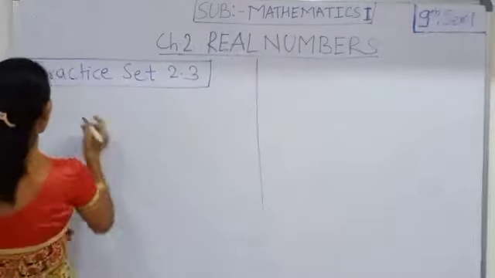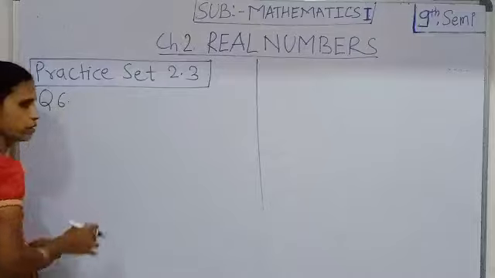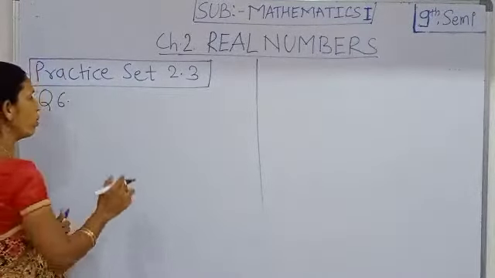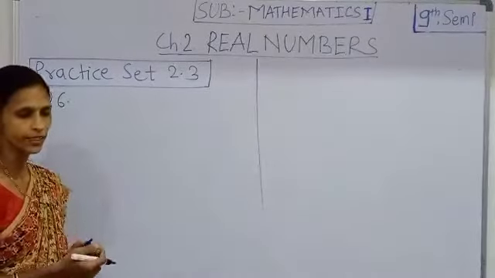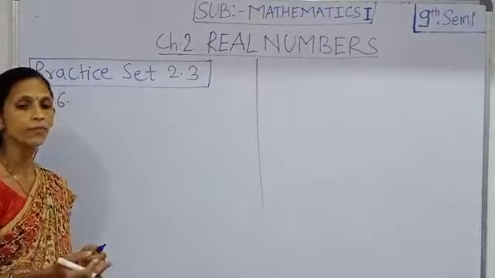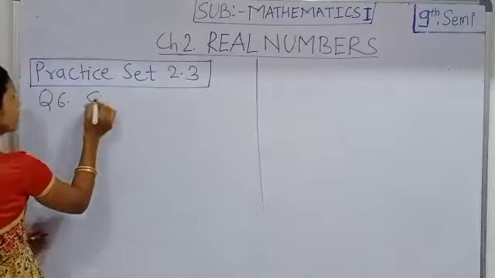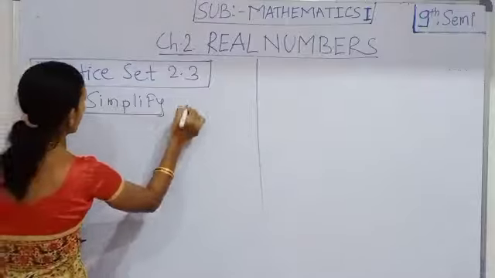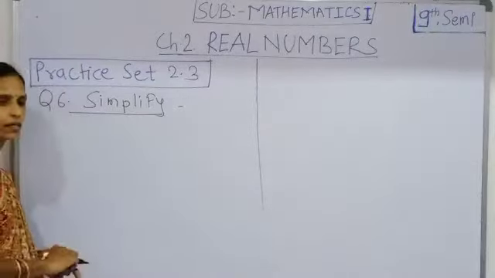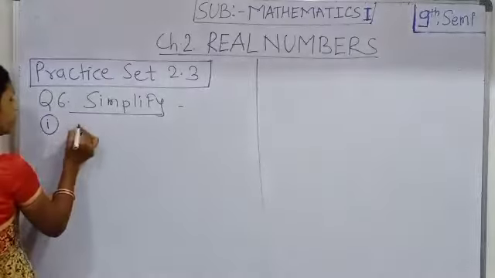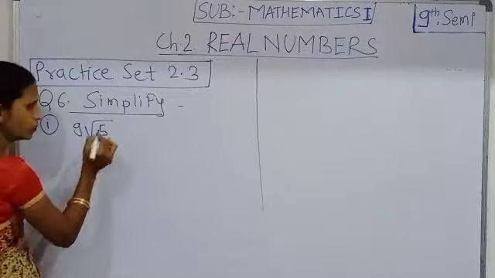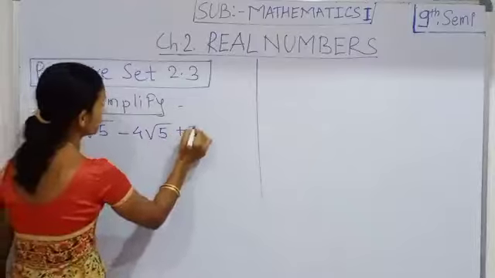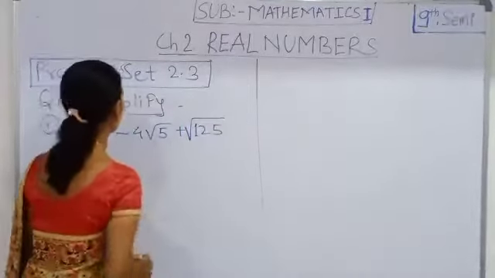Then in question number 6, a few examples are given on the operations of surds, that is addition and subtraction of surds. Simplify the following examples. One of the examples is given, 9 root 5 minus 4 root 5 plus root 125.